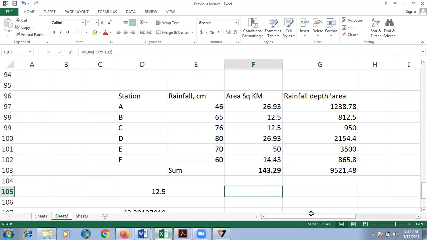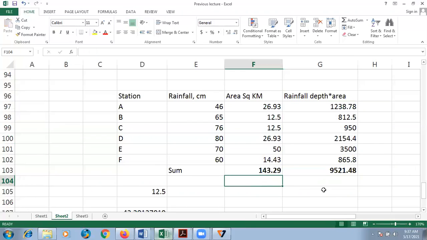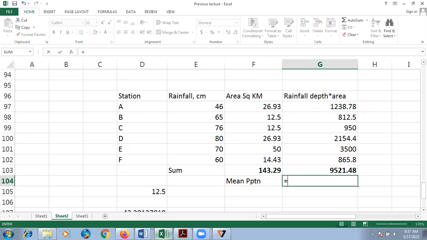So now once you do this product, you take its sum also, the sum of these products. And then finally, what you have to do is divide this product sum by the total area to get the mean value of the precipitation. Mean precipitation is equal to this 95.48 divided by 143.29, 66.45.